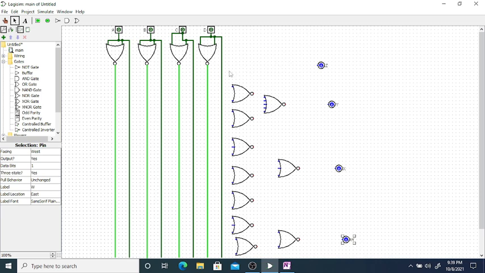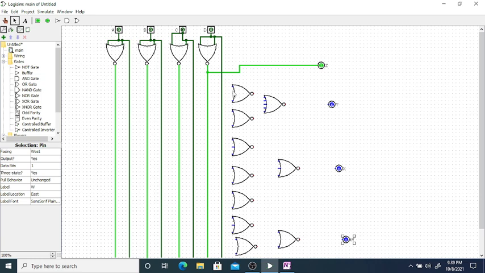So we will directly connect these two, D bar. Now we can see that D bar is obtained over here. As NOR gate is used as a NOT gate, we have shorted both the inputs of this NOR gate, so it will operate as a NOT gate.